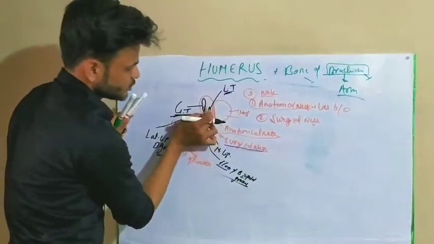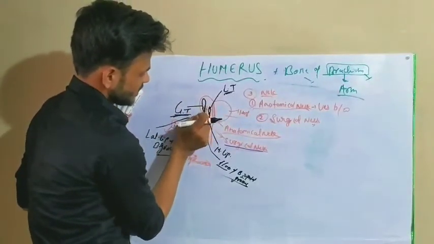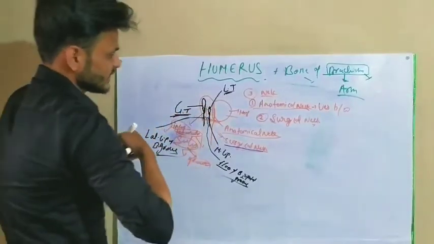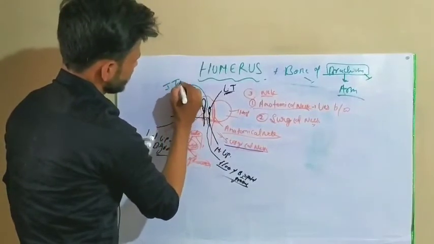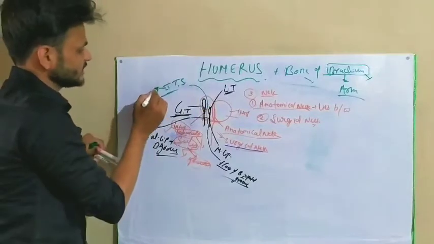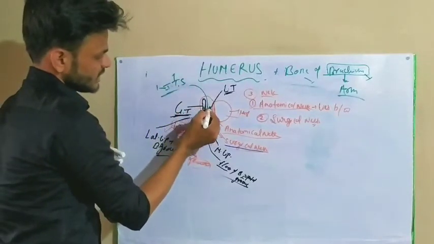In between the tubercles, both lesser and greater, this space is called the intertubercular sulcus. Why? Because inter means in between, and tubercular refers to the tubercles, greater and lesser.